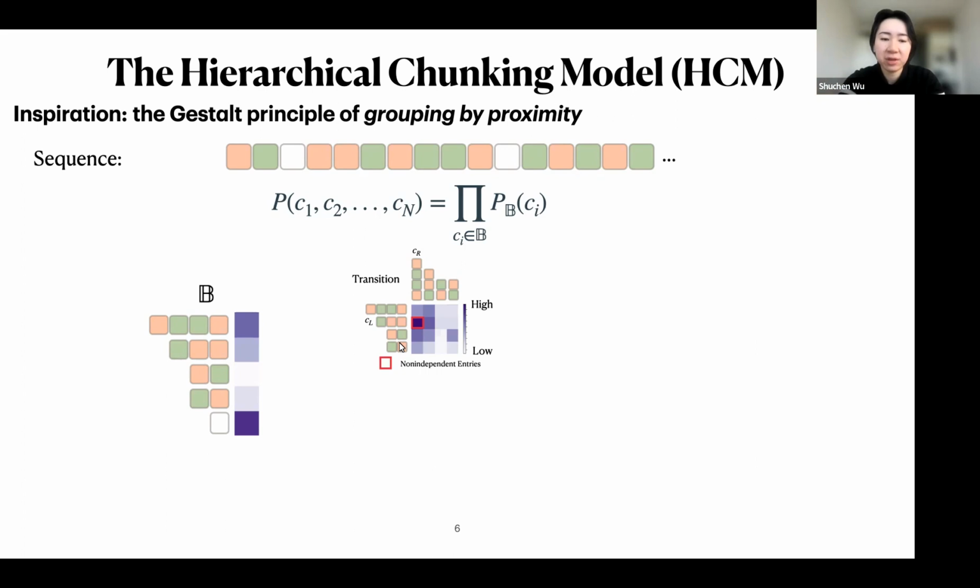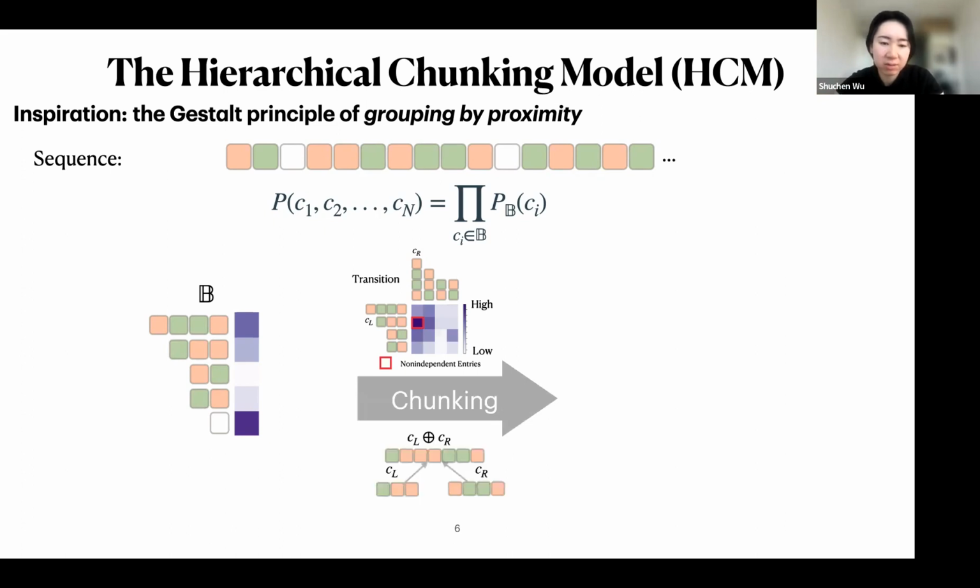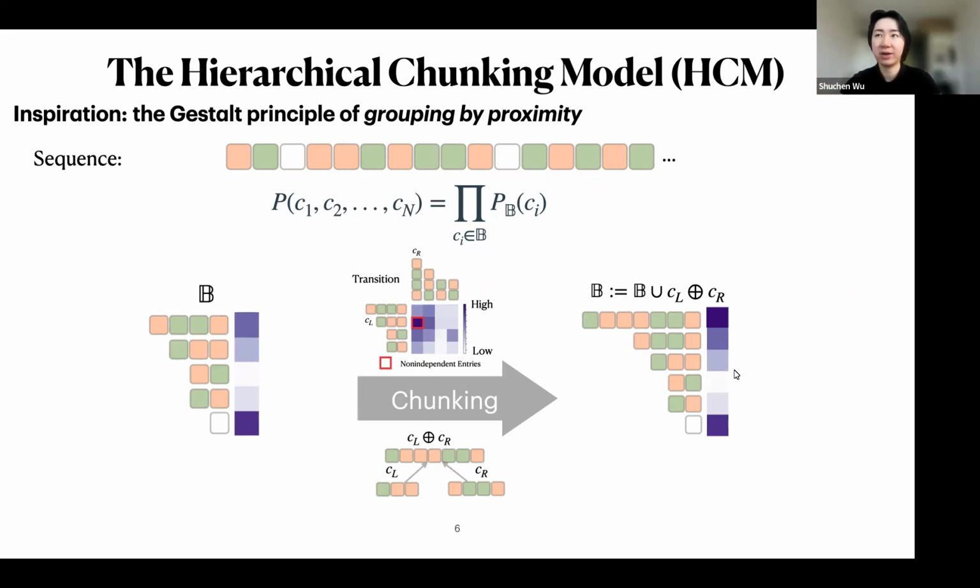If, for example, this green red chunk keeps transitioning to this red green red chunk, then you group them together as a unit when it violates an independence test. Thereby, you arrive at your updated belief set, which is your original belief set and this additional chunk that you just created. So that's how a new chunk is created.